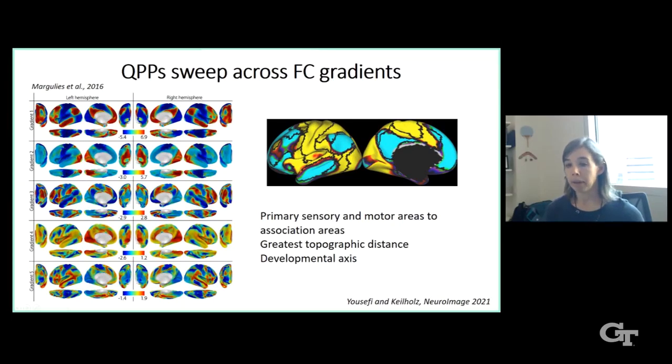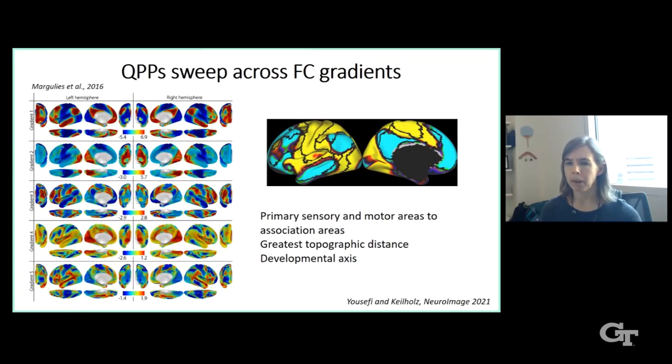Now, this is really interesting because the primary axis goes from sensory and motor areas to association areas. So they're kind of opposite ends of the processing hierarchy. They're at the greatest topographic distances in the brain, and they're also at opposite ends of the developmental axis as the brain develops in utero.